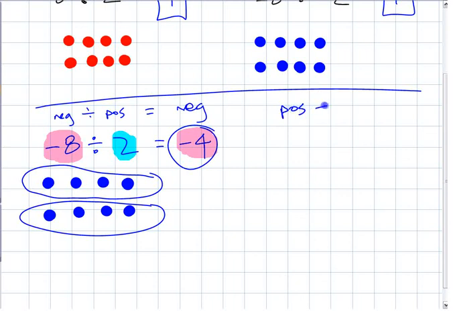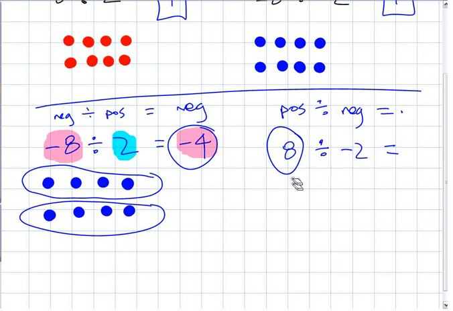And the other way is hard to model with the picture. If you have a positive number and you divide it by a negative, if you have positive 8 and you divide it by negative 2, that one's hard to model with the integer chips. But you can follow the pattern here. If you have positive 8 and you divided it by positive 2, it'd be positive.